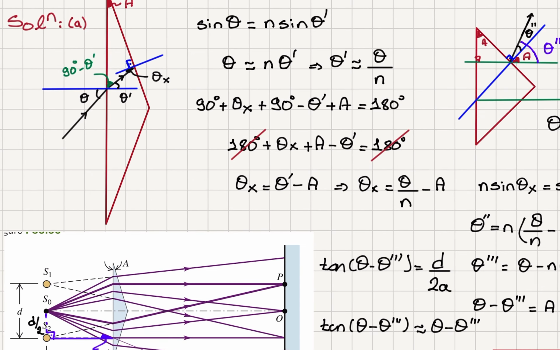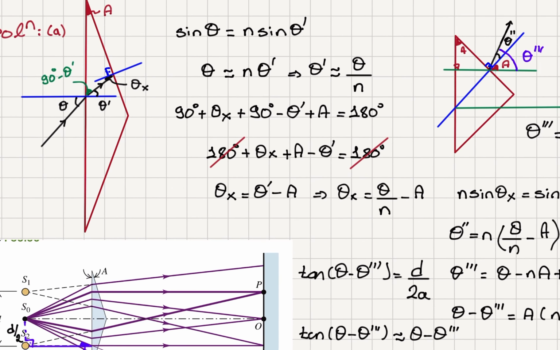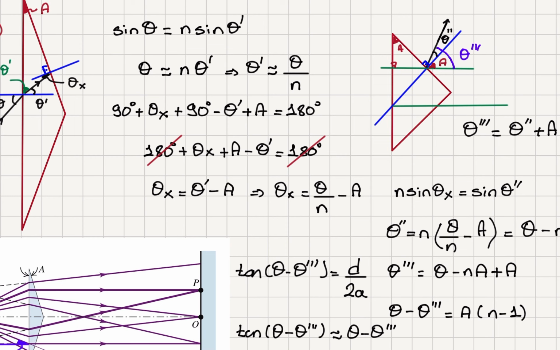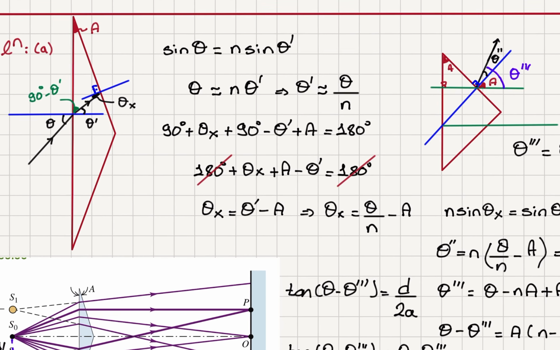Now the task is to find the relationship between theta and theta triple prime. So first I use Snell's law here, and I found that for the ray that refracts inside the prism, the angle theta prime is theta over n. Then I've used this triangle, 90 minus theta prime plus 90 plus theta x plus a is equal to 180.